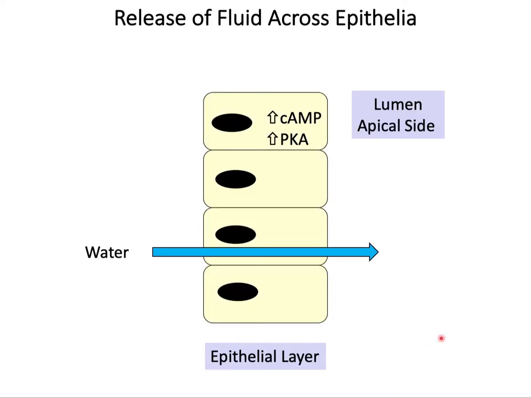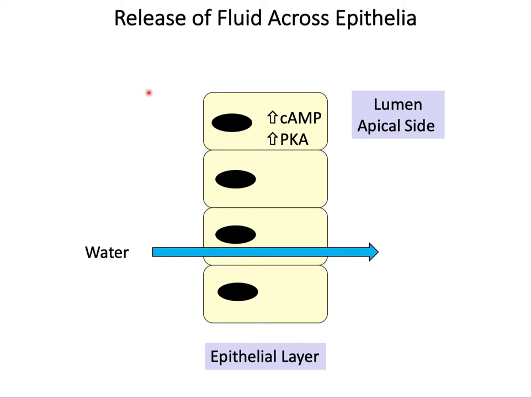The third example of what can happen downstream of protein kinase A occurs specifically in the epithelial cells. And in this case, the stimulatory G protein signaling pathways are activated, and you can observe the movement of water from the basolateral surface of the epithelia to the apical side.